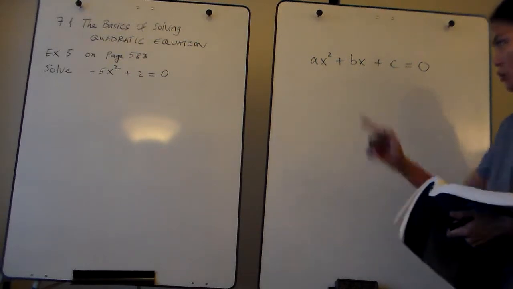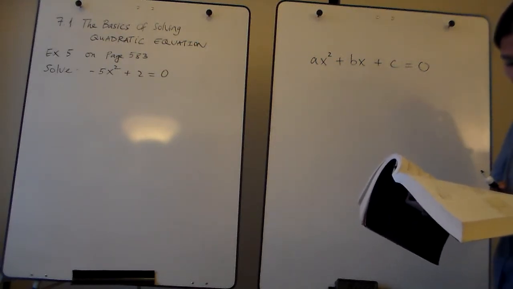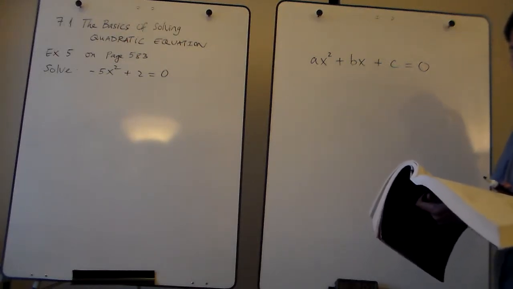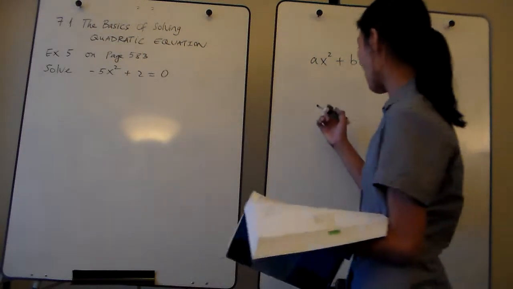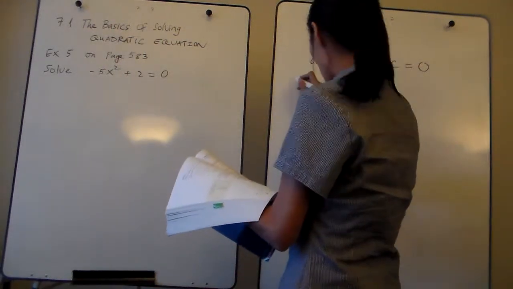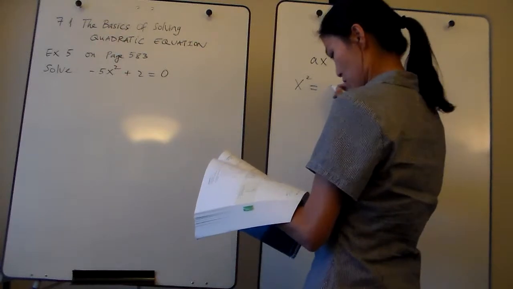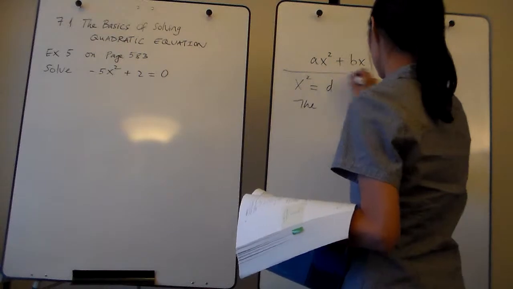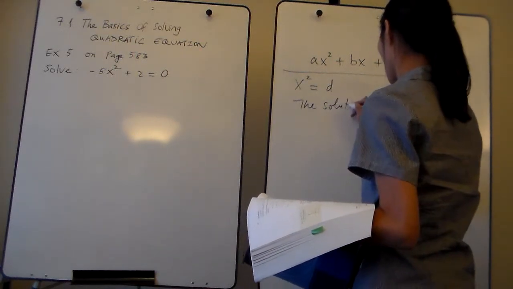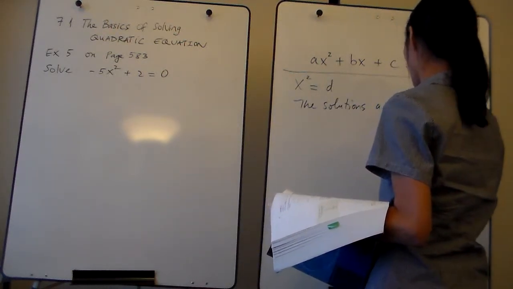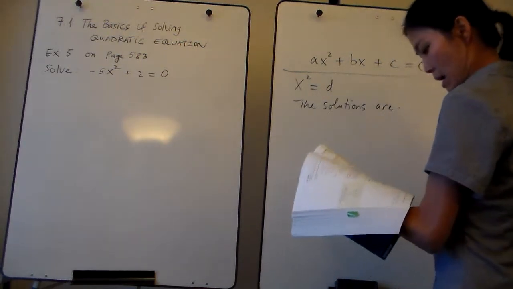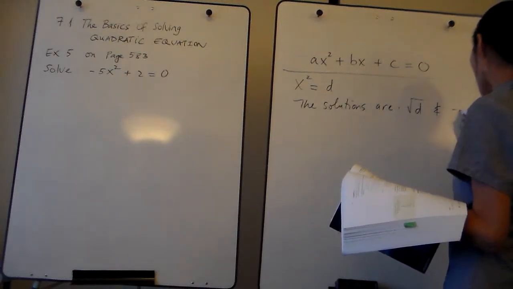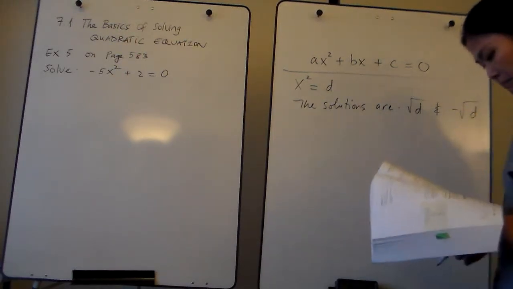To solve this, if you check the notes or the book on page 582, the principle of square roots says that x squared equals d, and the solutions are positive square root of d and negative square root of d.